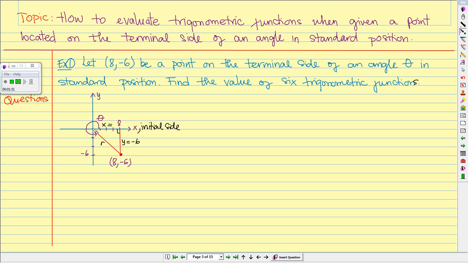Now I end up with a right triangle, and I also end up with an acute angle, and this angle right here is not the angle theta. This angle right here, I'm going to call the angle theta prime. So we're going to make a note that theta prime is an acute angle.